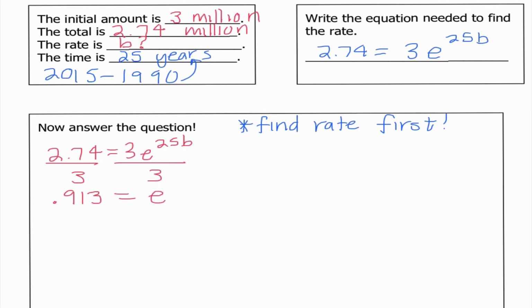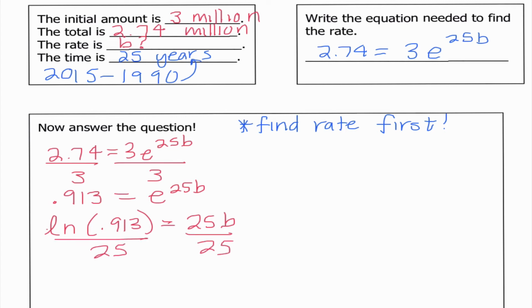0.913, and I just want to remind us that we are leaving that exact value in our calculator like we talked about last class. When I change forms, I get ln of 0.913 equals 25b. And when I divide both sides by 25, I get negative 0.003626 is b.